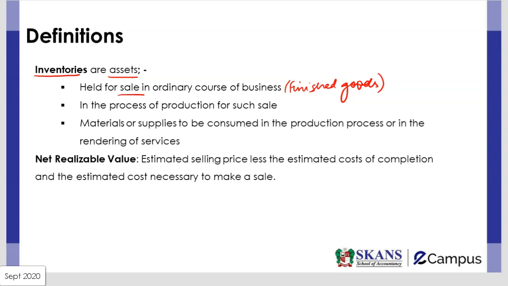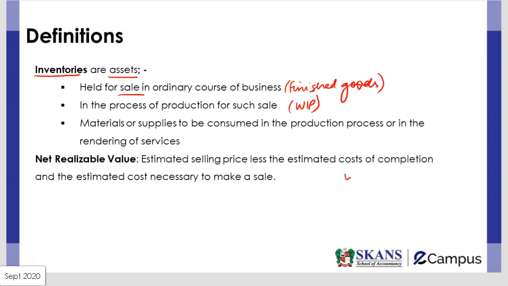At the reporting date, if we have any items which are still in progress, work in progress. So for example, if I'm manufacturing a marker, I have made the outer covering, I have made the ink, but I'm yet to assemble those and I'm yet to put the sticker on it or the final cap on it. Then that is my work in progress.